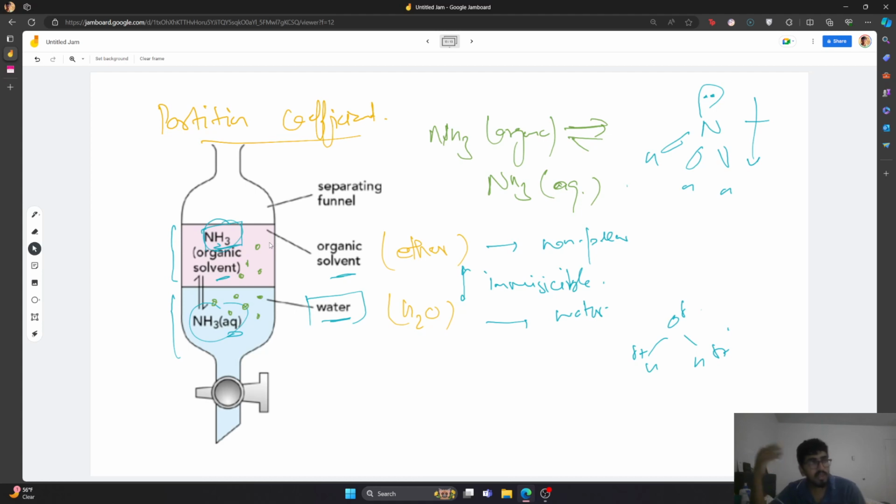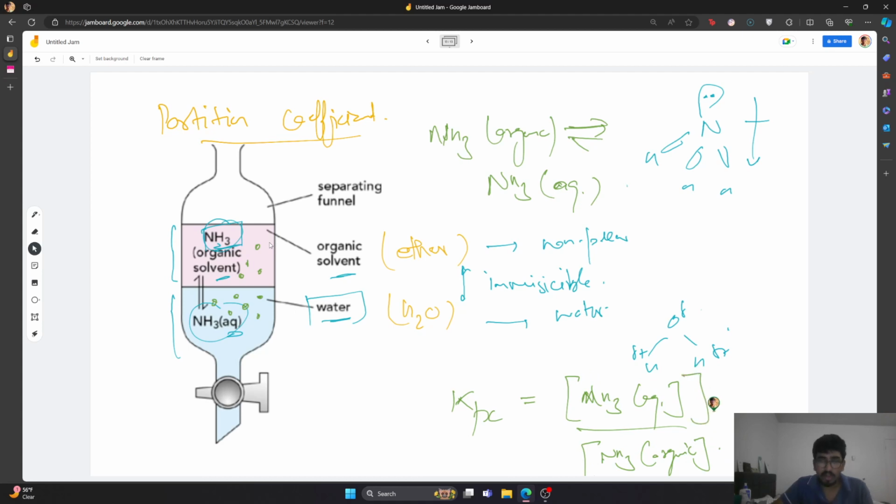So this is what we have, an equilibrium, a transformation from this to this and that to this, right? So we can again write a partition coefficient K for this sort of reaction, which can be NH3 in aqueous form and NH3 in the organic solvent form, the concentration there and the concentration there.